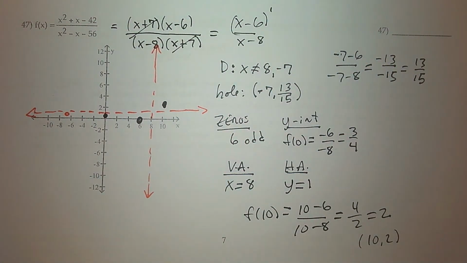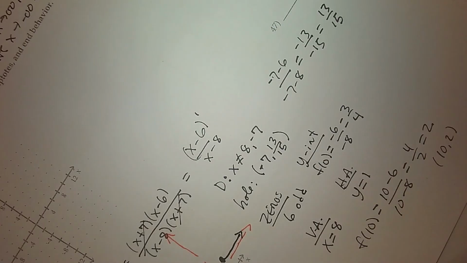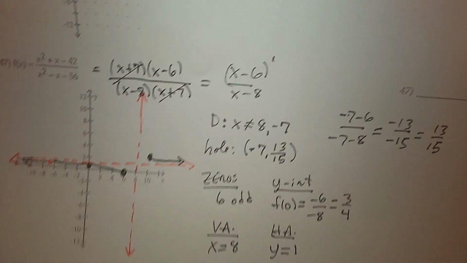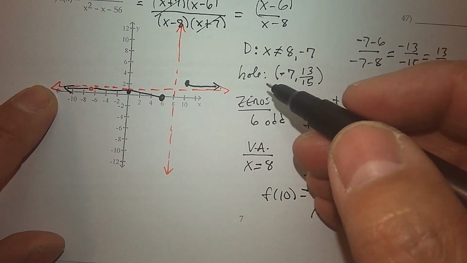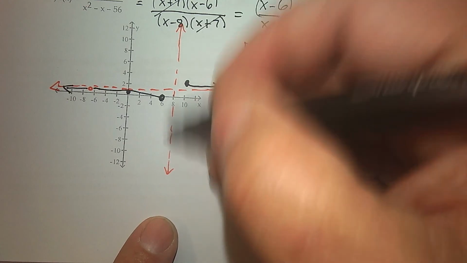Can you complete the curve of this rational? So I know the right end and the left end behavior is the horizontal asymptote. So the right end and the left end go to the horizontal. What happens in the middle at the vertical? What direction is it going to go?